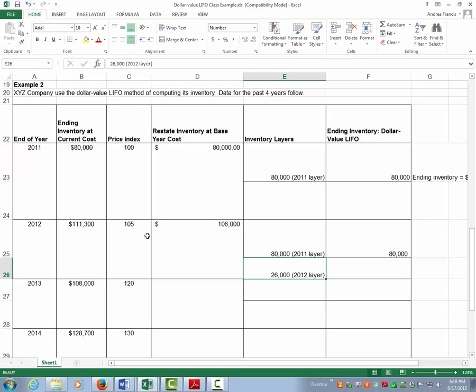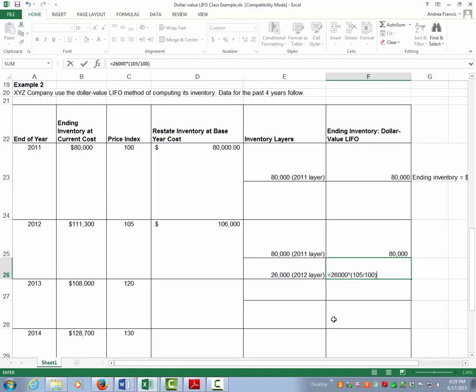So we've actually increased our inventory, which we kind of knew because 111 is a fairly high number compared to what we started with. So this 26,000 is stated at 2011 prices, but the layer was formed in 2012. So we actually need to increase the price to 2012 prices.